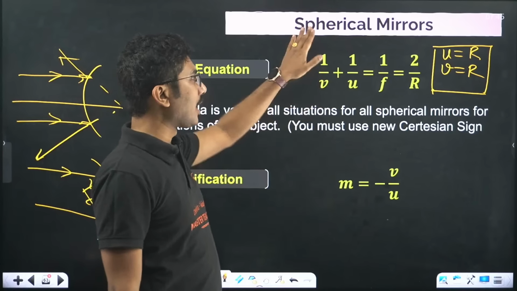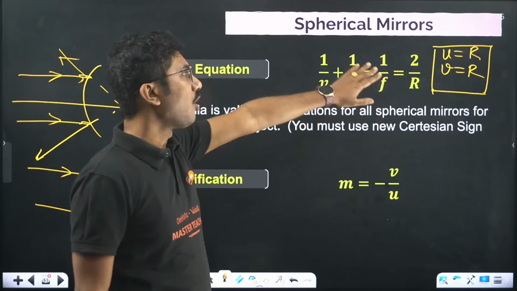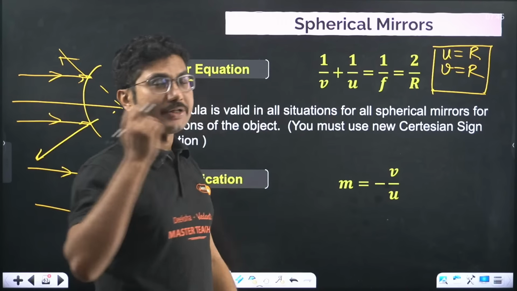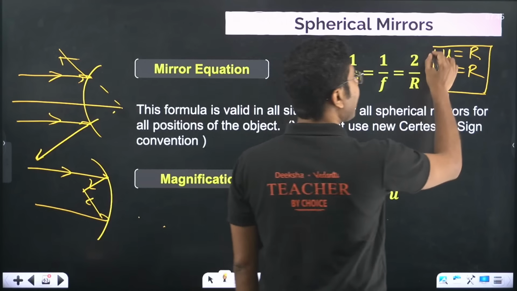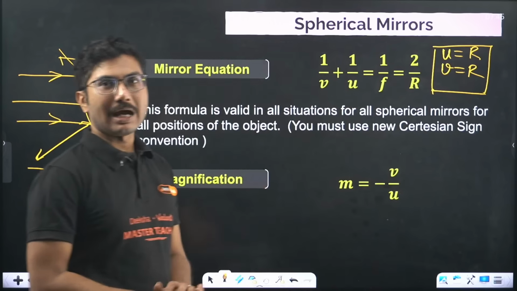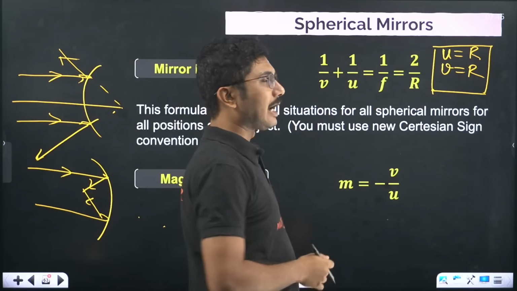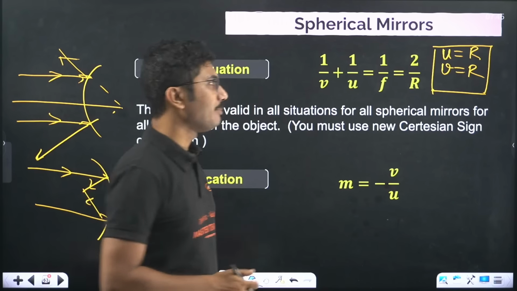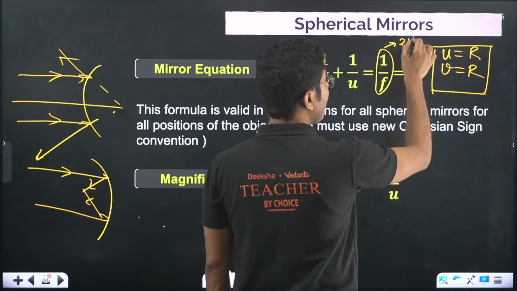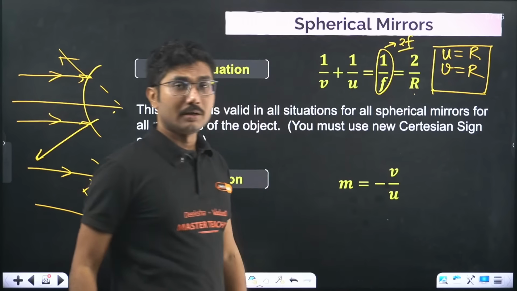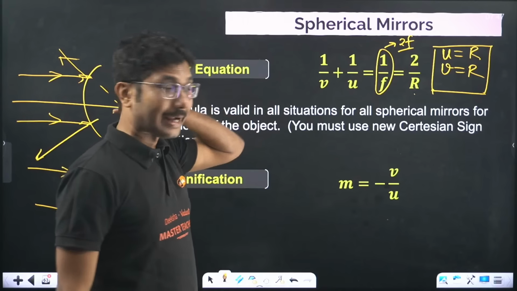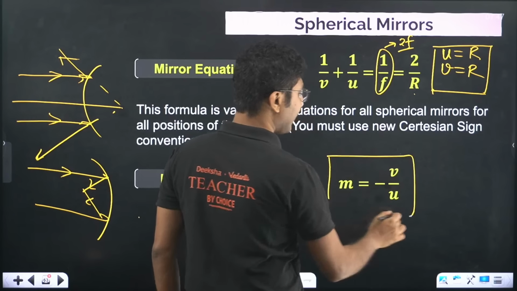The mirror equation is 1 by v plus 1 by u equals 1 by f, or 2 by R. Remember, in 90% of questions on mirrors, it is highly likely that the object is placed at R and the image will also be formed at R. That means if focal length is given, remember 2f is the radius of curvature. There is a 90% chance of that. Also, magnification in case of mirrors is minus v by u.